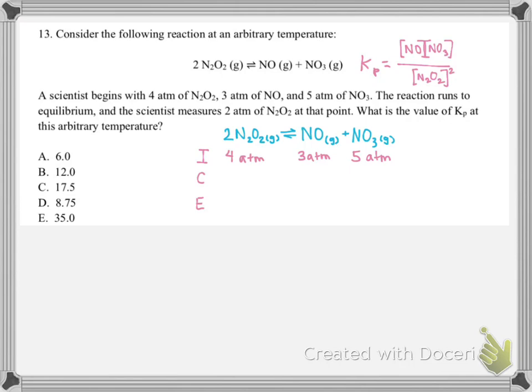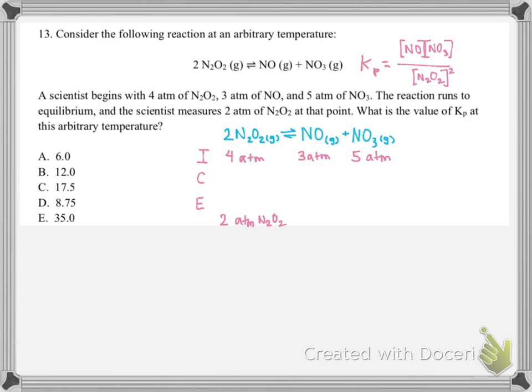And then the only other number they give us is to say that at the end of this we have 2 atm of N2O2. When we do our ICE tables, we use the stoichiometry of the reaction to figure out the change.